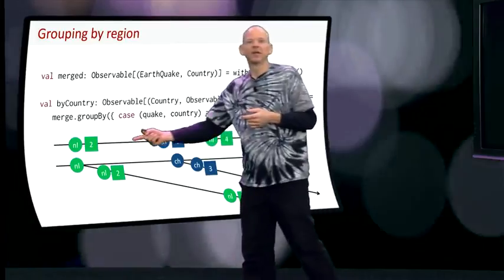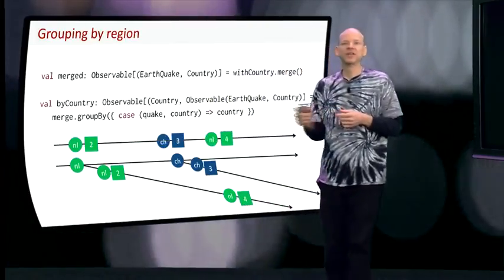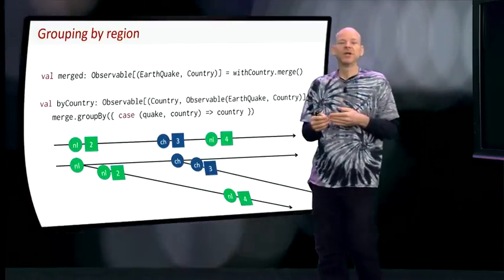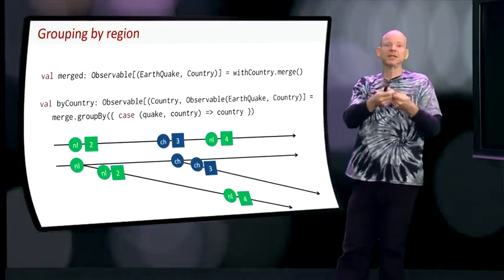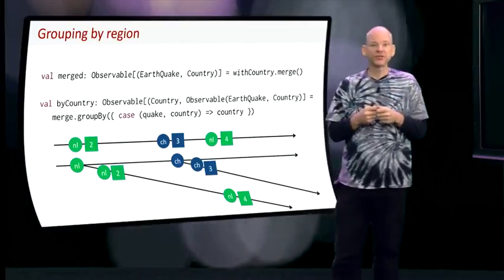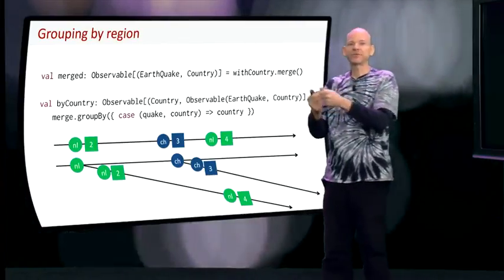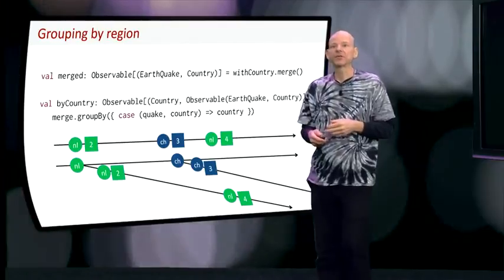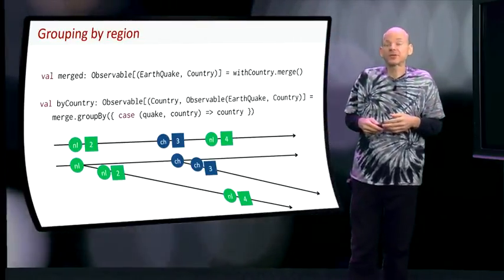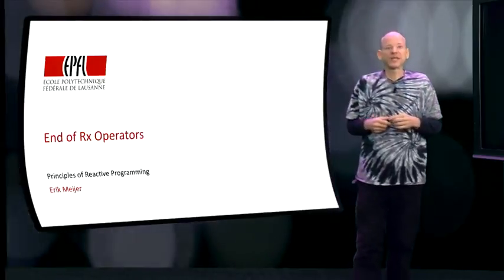We just say group the earthquakes by country. What we now get is a stream of streams, with the key being the country and then a stream of the earthquakes for that country. So you can do all the operations that you do on regular collections on observable collections.